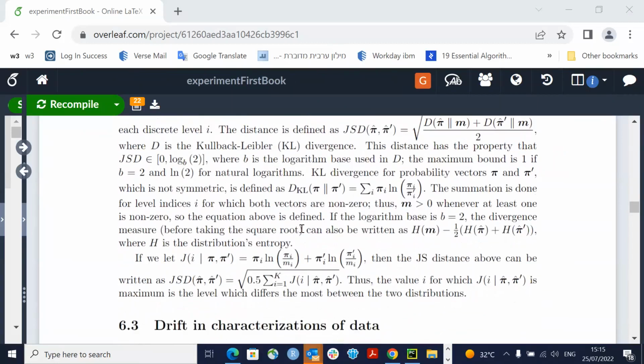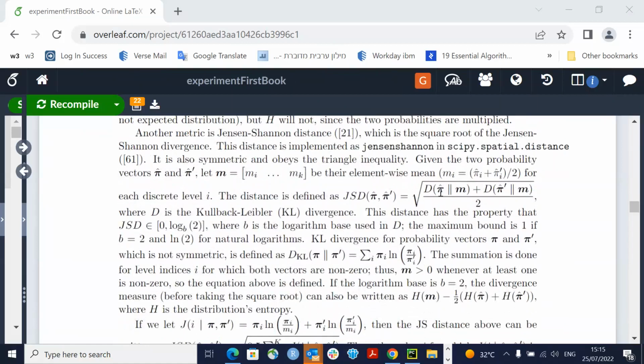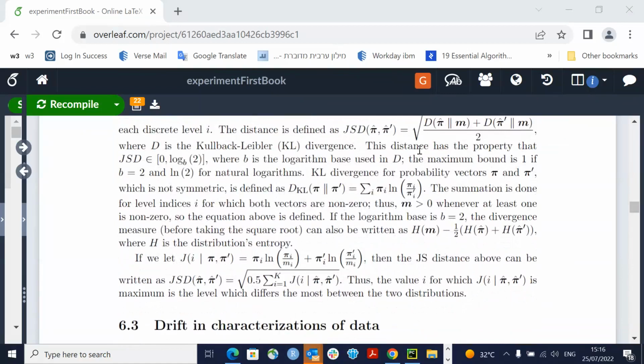Another point which I found useful is that the Kullback-Leibler distance has this form: the sum across the categories, where you're calculating divergence between each category and something, and it's the sum of those. So I can break up this expression inside the square root.